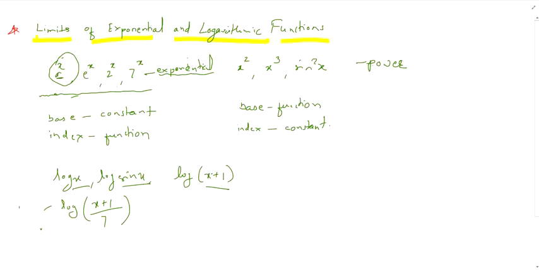So let us see today how to evaluate the limit of such functions by using formulae. There are standard results given here without proof, so we have to use these results directly to solve the examples.